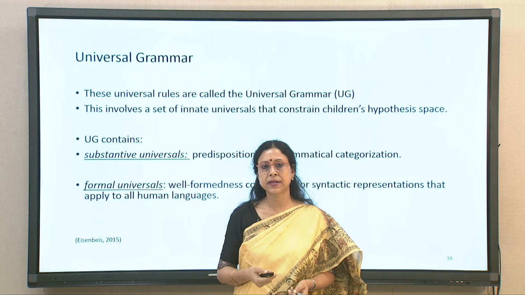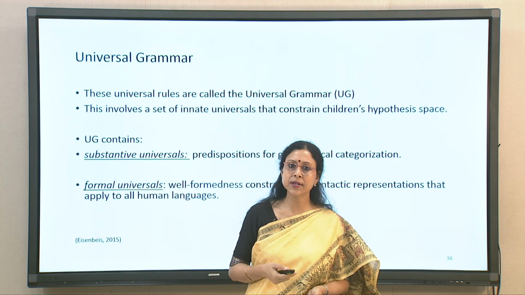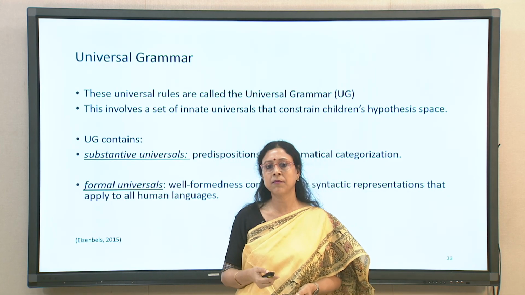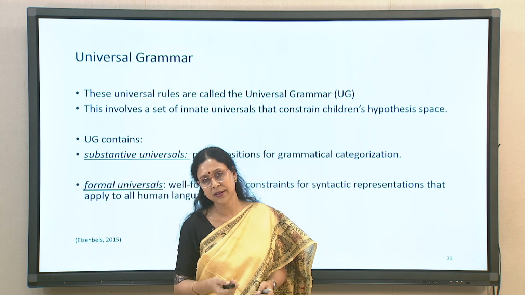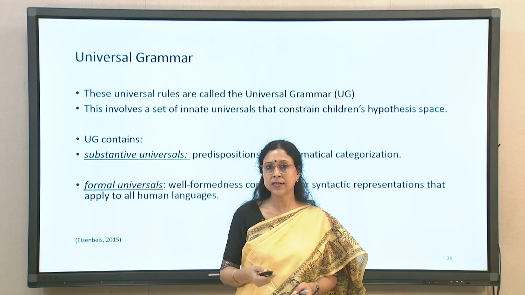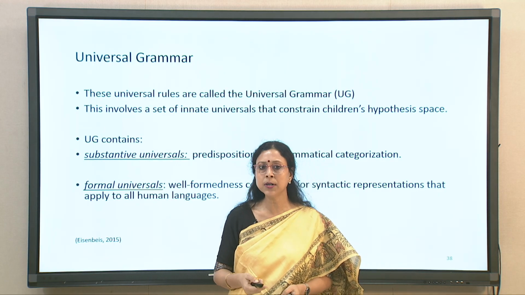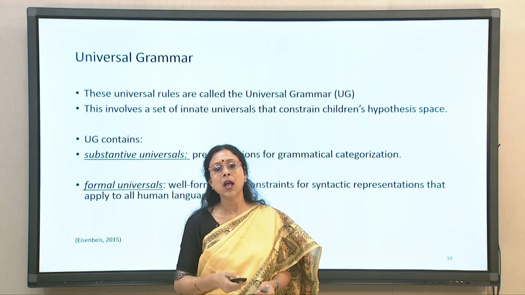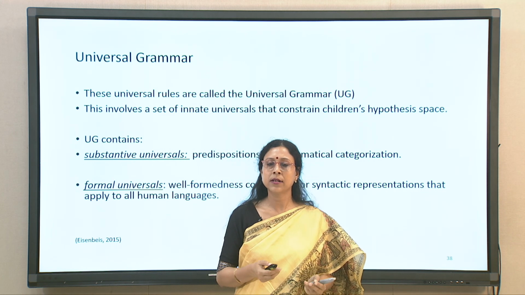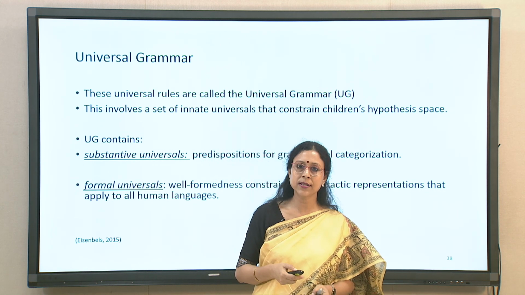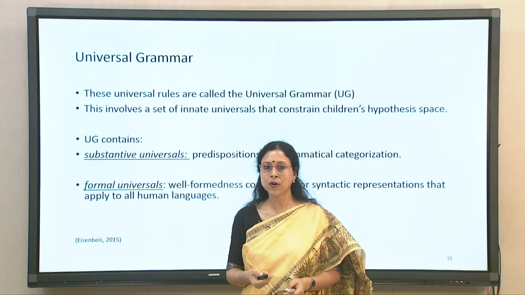One of them is called substantive universal, then we have formal universal. Substantive universal basically talks about the predispositions for grammatical categorization, certain grammatical features that are universal, that are found in all languages of the world. Formal universal, on the other hand, deals with the well-formedness constraints for syntactic representation that apply to all human language.